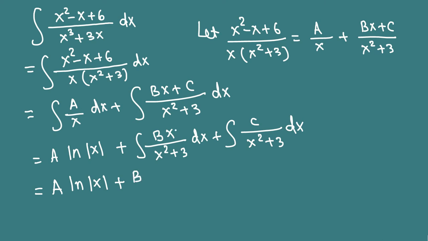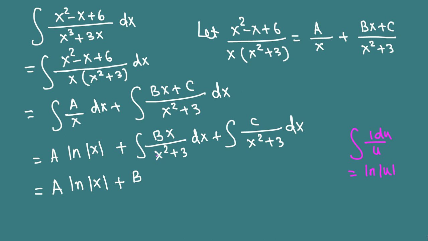Okay, x over x squared plus 3. What is the derivative of x squared plus 3? That's 2x. If we had 2x on the top, then we could use the formula: u on the bottom, derivative on the top, the integral of 1 over u du is natural log of u.